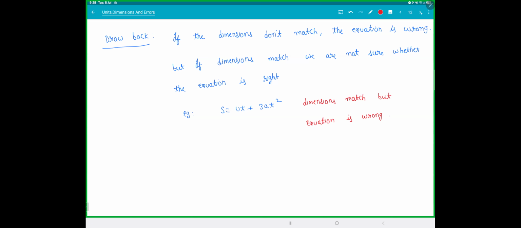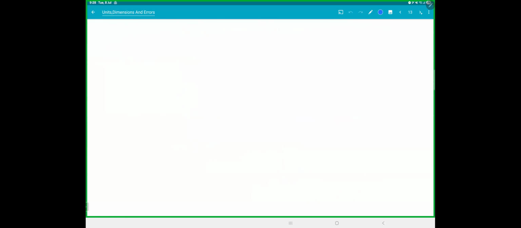So this is your third model in units and dimensions. Questions will be of this sort. Let's say U is equal to A square by 2mr square minus bm square by r. U is your potential energy, M is mass, R is distance.